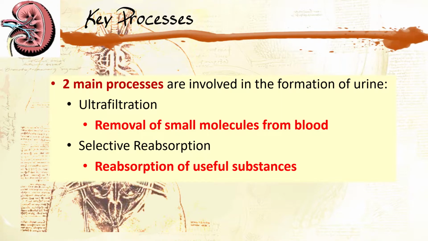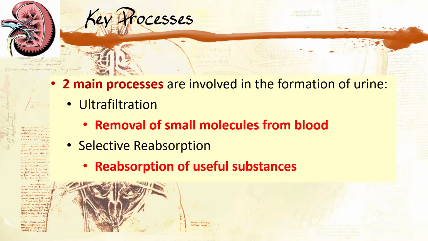As the objective has mentioned, there are two main processes involved in the formation of urine. They are ultrafiltration as well as selective reabsorption. So copy this down. Ultrafiltration is the removal of small molecules from our blood, and selective reabsorption is where we selectively reabsorb back useful substances.